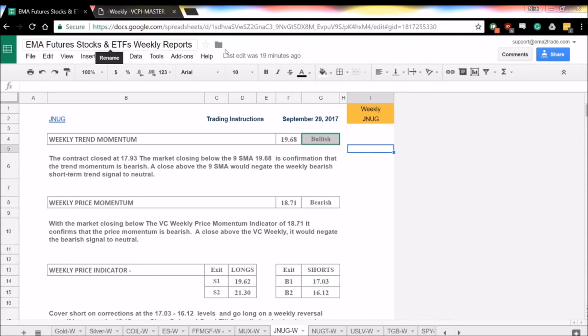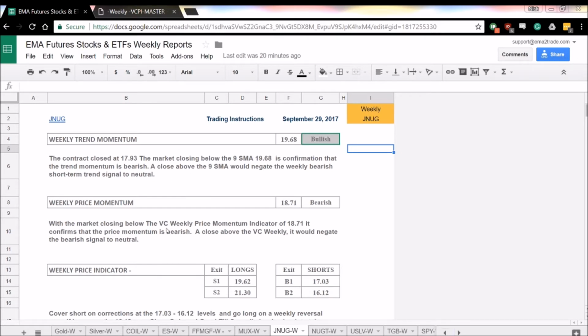Closing above 19.68 would turn the market neutral to bullish. So we have a pivot point that we can watch and monitor to identify the pivot points and turning points in the marketplace.